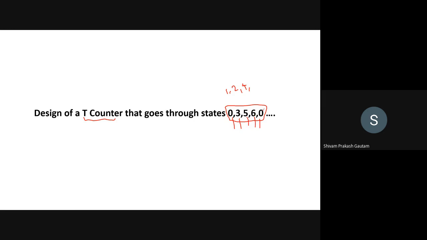The maximum number is 6, so we can represent 6 using 3 bits. Therefore we will require 3 flip-flops, and those are T flip-flops.